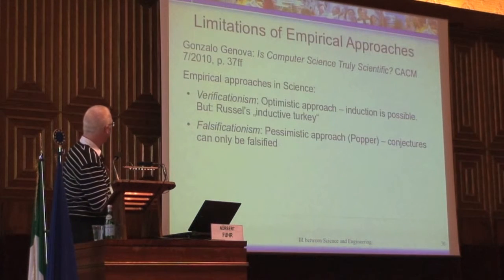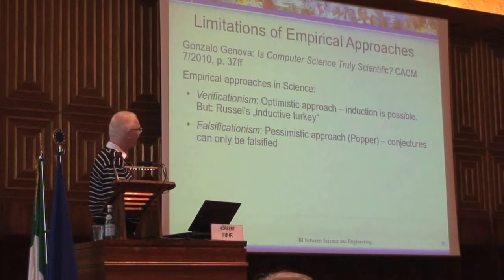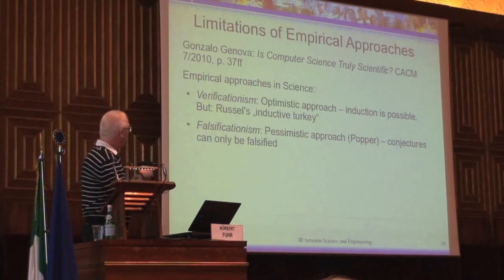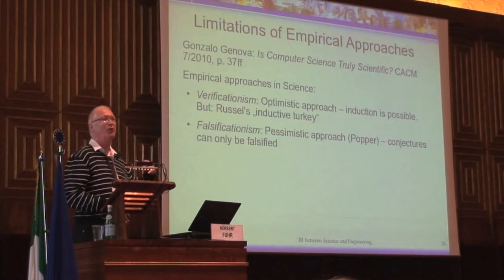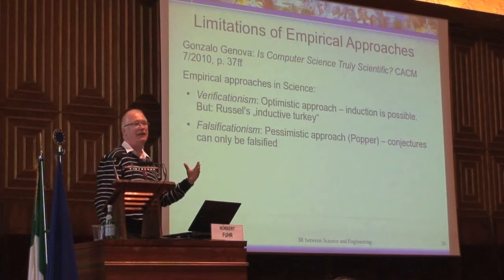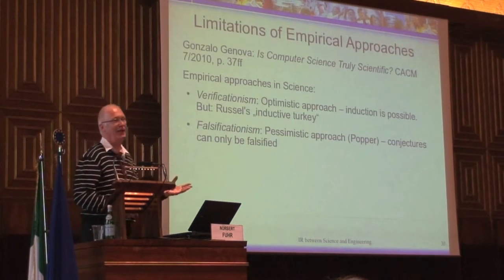The other kind of approach is falsificationism. That's the pessimistic approach, which was proposed by Karl Popper. And this is a rather negative approach. Well, he says we only live with conjectures, and they are all preliminary until they are falsified.